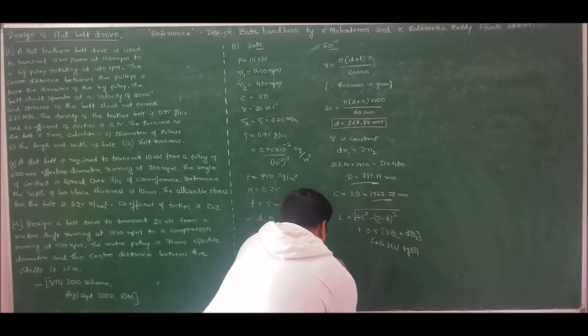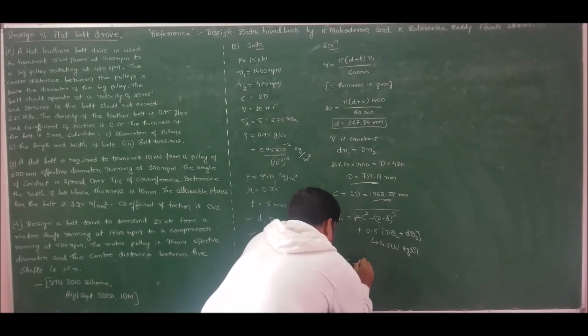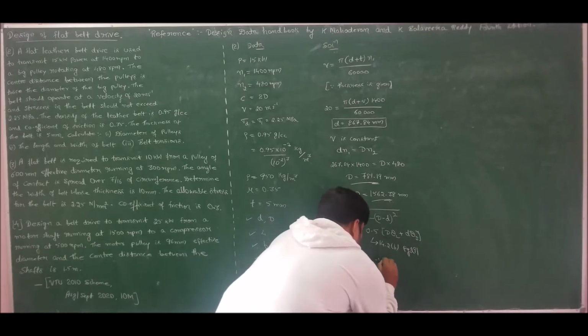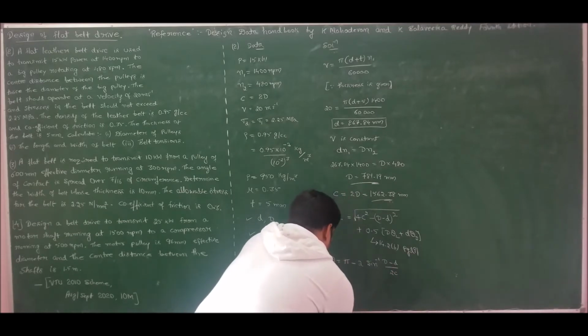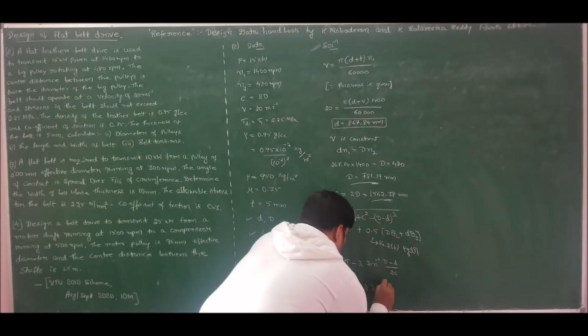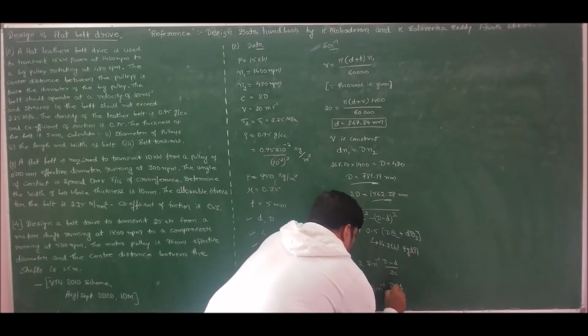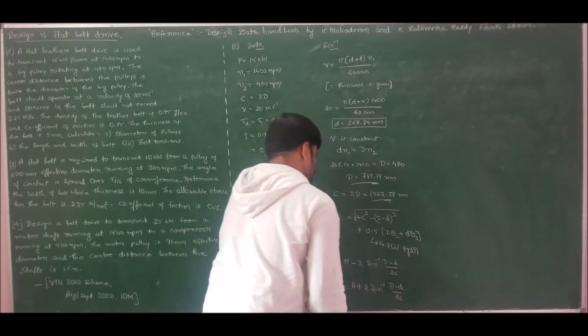So we know that theta S is equal to pi minus 2 times sin inverse of (D minus d) by 2C, and theta L is pi plus 2 times sin inverse of (D minus d) by 2C.